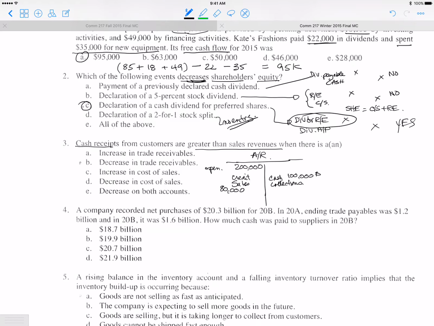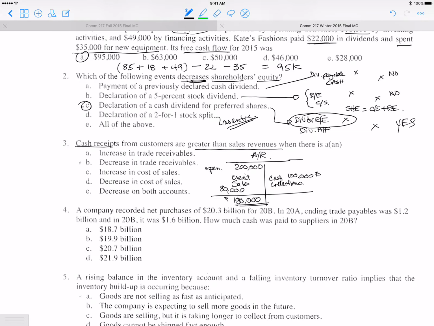So again, let's just recap. You had an opening balance in your receivables of 200,000. Your cash receipts were greater than your credit sales. What is your ending balance? You started off with 200, you added 80, and you collected 100. So your closing balance is 180.